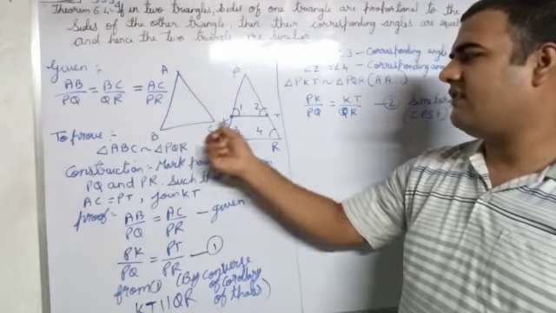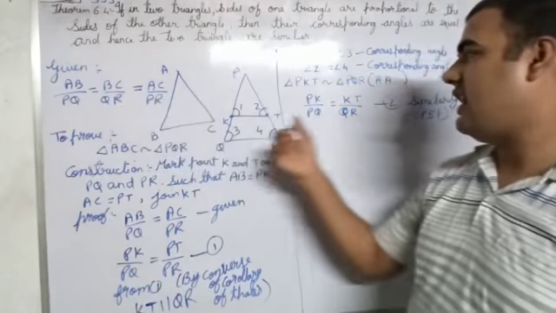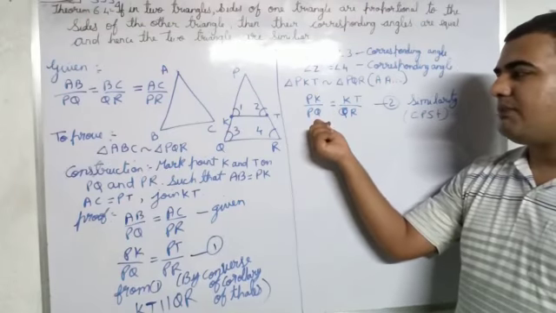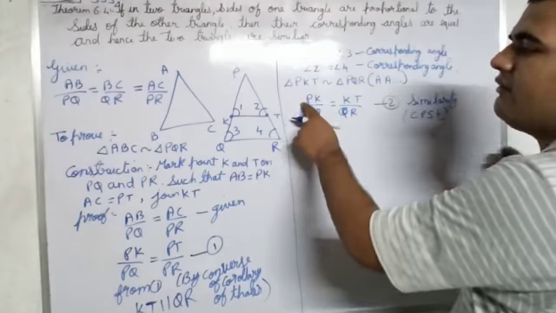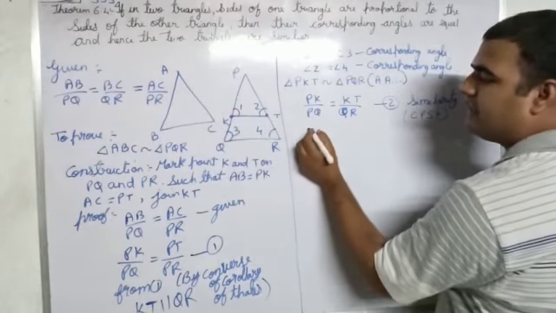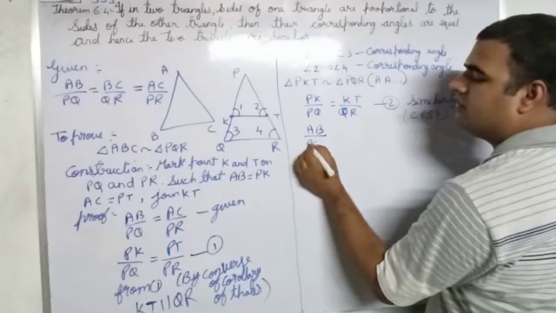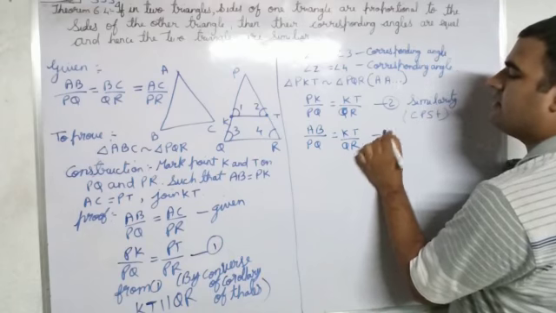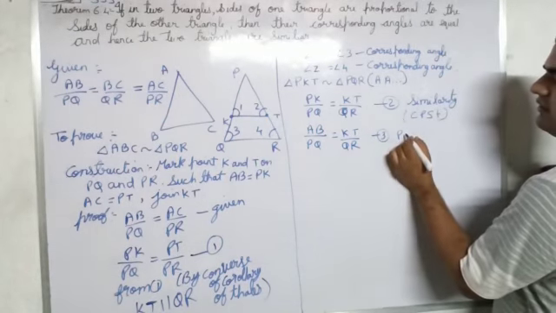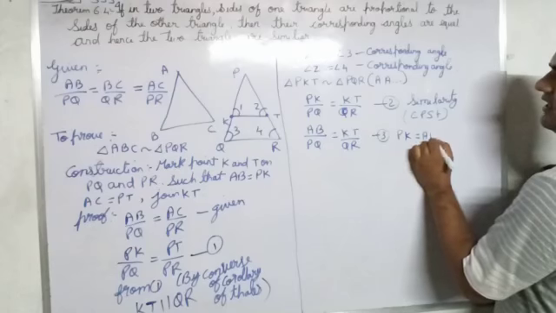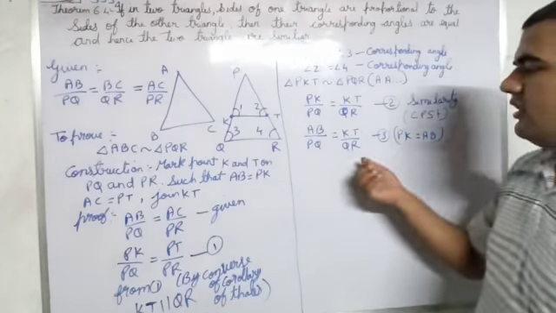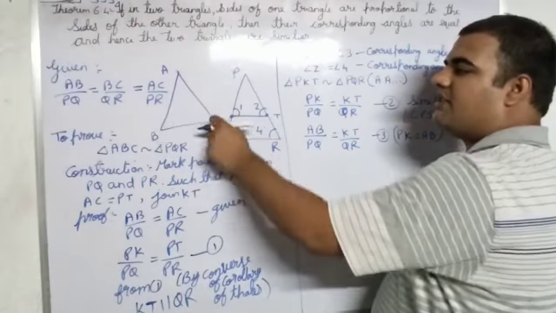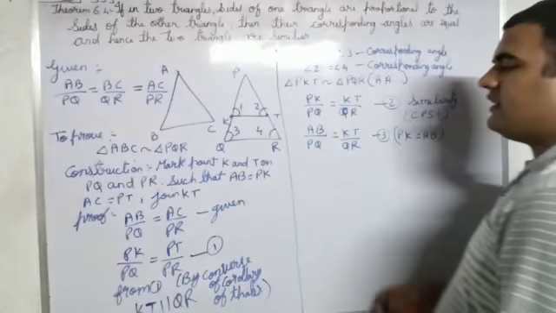But can I show BC equals KT with the help of the given and what we have proved? I think yes, because PK can be replaced by AB. You can write AB upon PQ equals KT upon QR. Name this as 3, because we know PK equals AB. Now, if BC equals KT, then I can say ABC is congruent to PKT. We will see now.